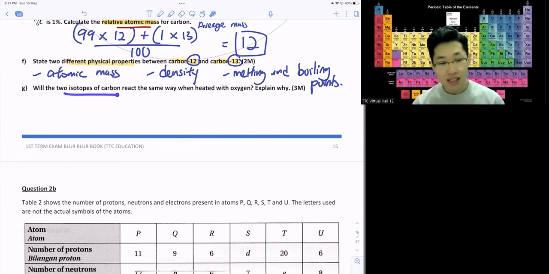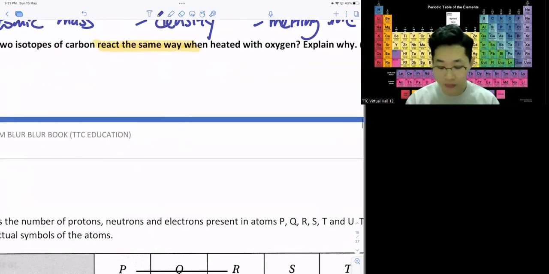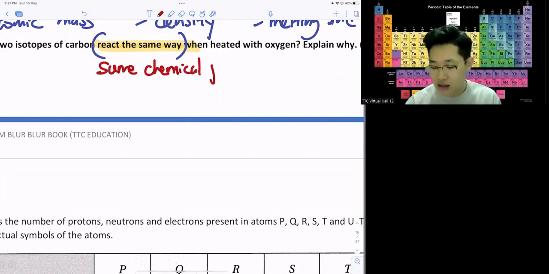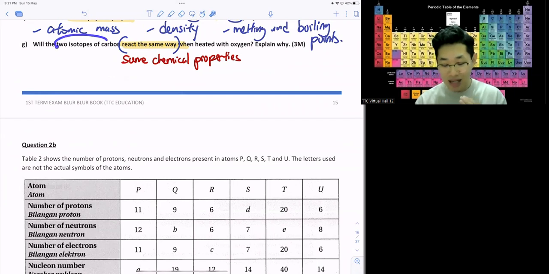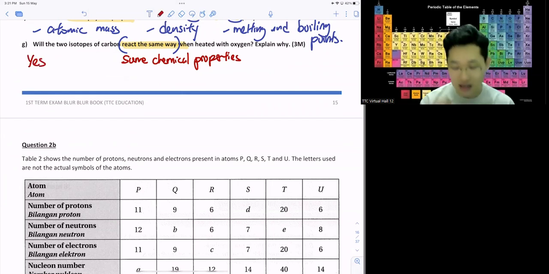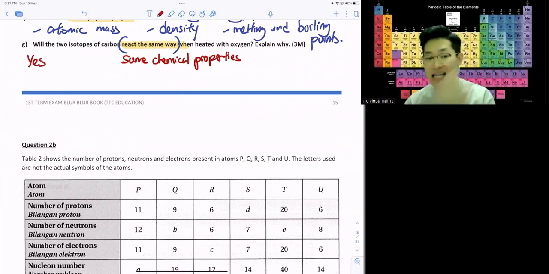Two isotopes of carbon react the same way. If you see questions saying react the same way or same chemical properties, you have to know that in the same family, isotopes do react the same way. The answer is yes. They have the same chemical properties. Why?